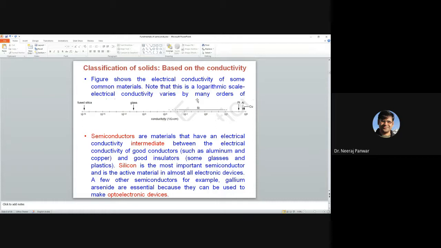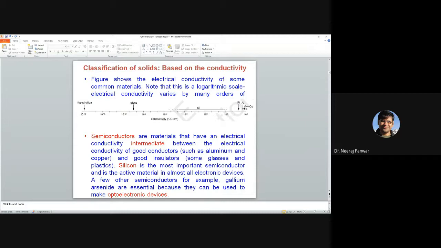Therefore, we can play with the conductivity of a semiconductor, and we can have a material with desired conductivity. That's why semiconductors are so important for devices. That is one reason.